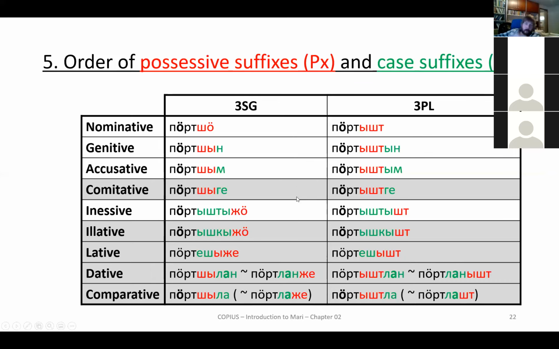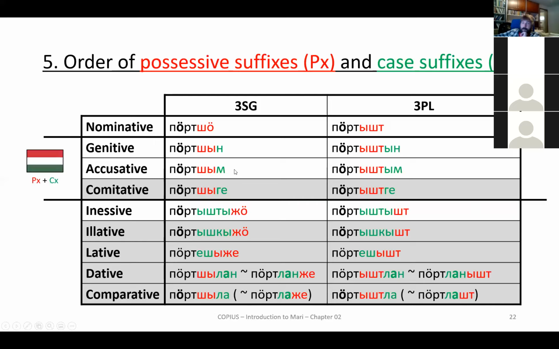And gray are the cases we have not met yet, but we are going to meet very soon. The first group with the genitive, the accusative, and the so-called conjugative, which is not the usual thing to say in Mari. It has a very specialized function, and don't try to use it yet, please. Here we follow the Hungarian system of having first a possessive suffix and then having a case suffix.